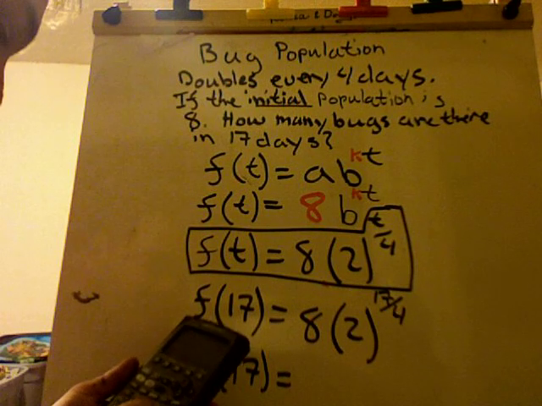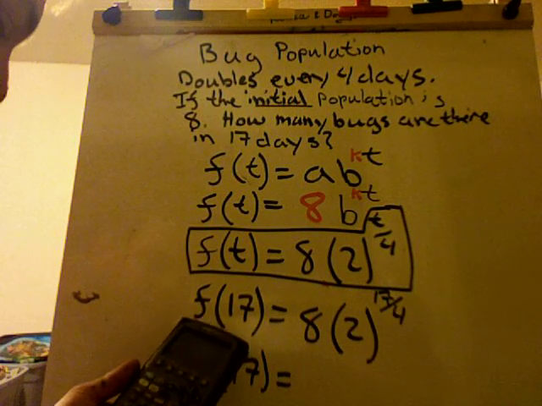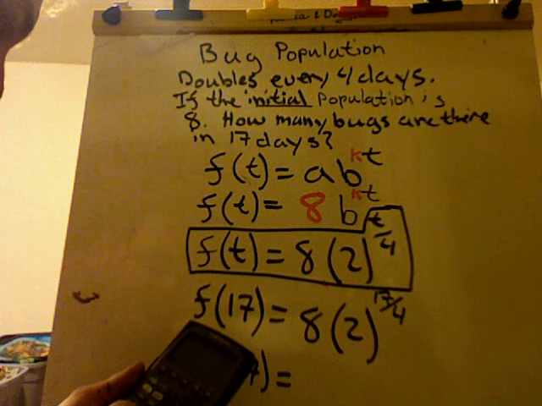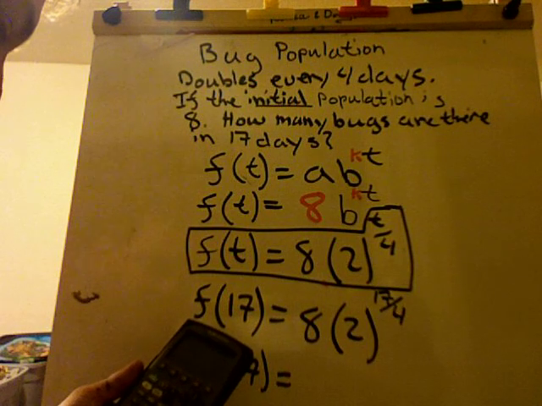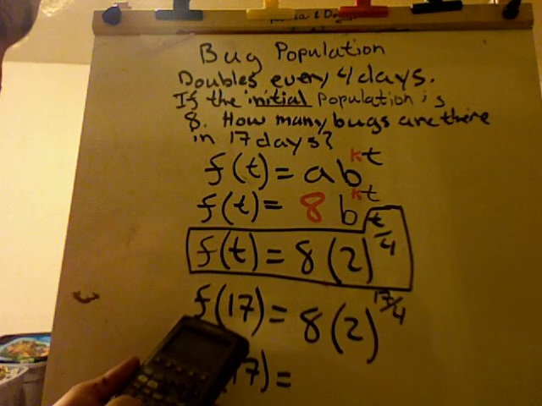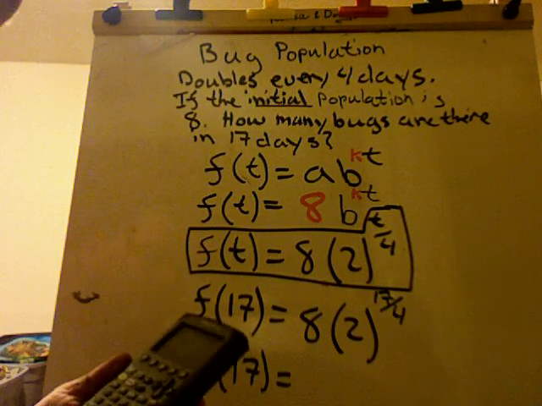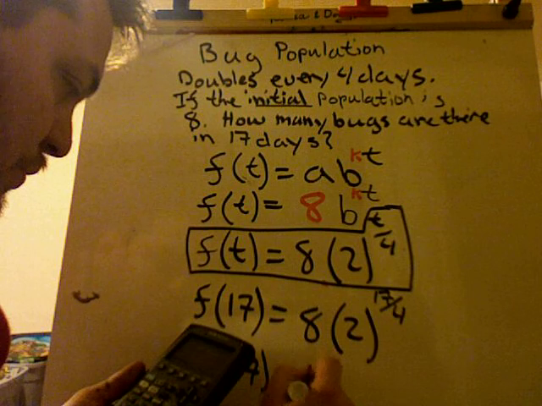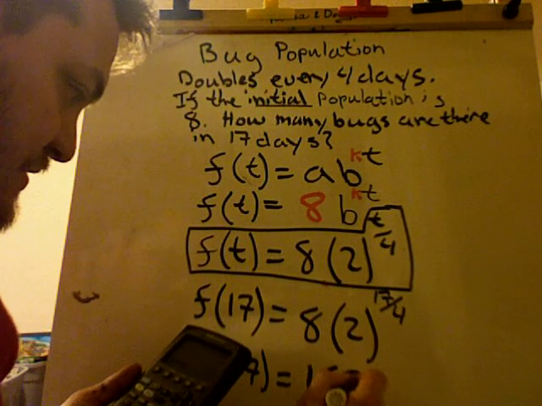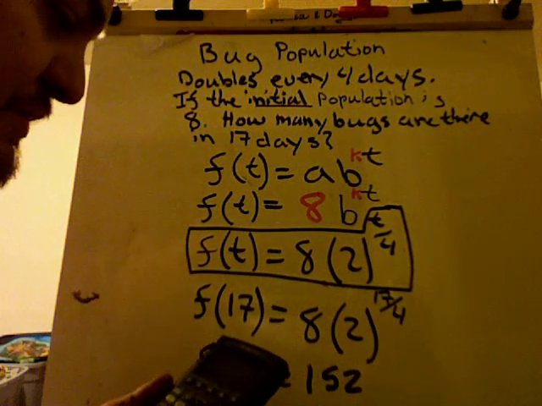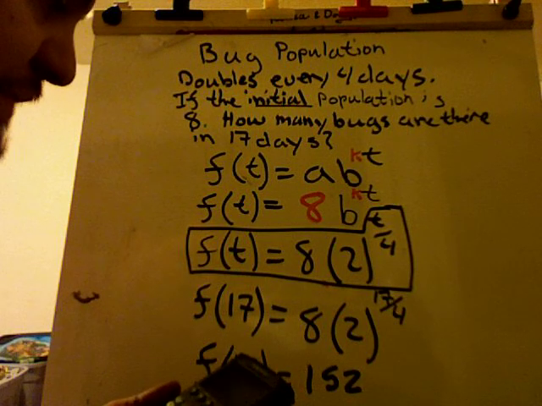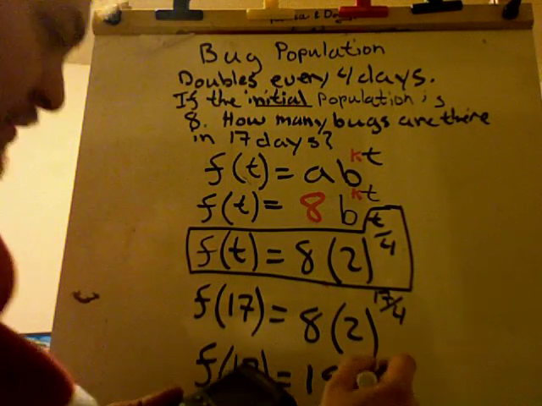I can't quite do that in my head. So 8 times 2, caret, parenthesis, 17 divided by 4, parenthesis. Okay, and there is 152.219, so 152 and one of them is pregnant, bugs.